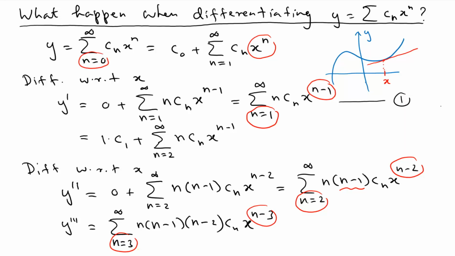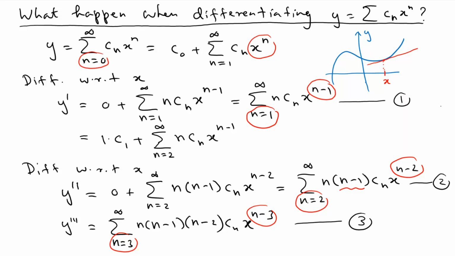That's exactly what happened. I'm going to call this equation number 2, and this is equation number 3. These are useful for future reference. That's exactly what happens when you take a derivative. You can see how the index changes, starting with n equals 0, it jumps to n equals 1, then to n equals 2, like that. We can use this idea again and again when you use the power series method to solve differential equations.